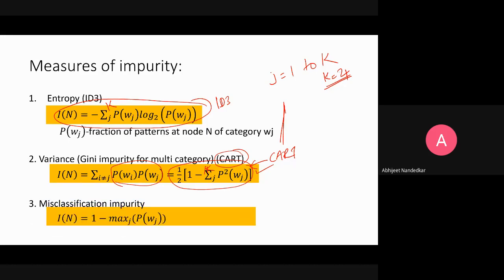And the usual misclassification impurity is 1 minus max over j of probability omega j. So this is used in the normal way. But measures 1 and 2 are basically used in decision trees.